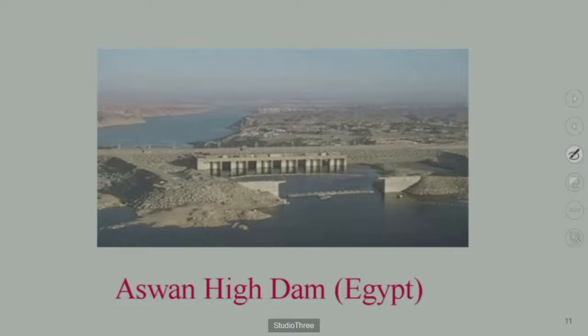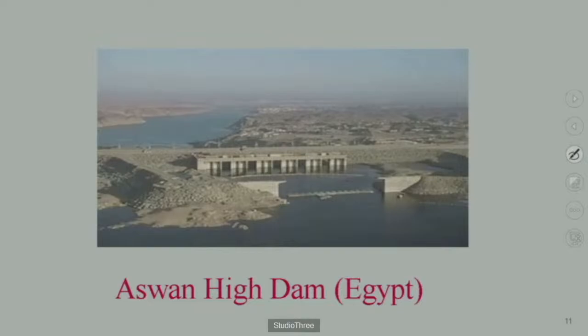First of all, in 1954, Egypt started to build the Aswan High Dam. Do you see the image? This is the Aswan High Dam. Friends, this dam has been created in Egypt, and Egypt is a gift of the Nile River. The Egyptian civilization flourished on the bank of the Nile River.